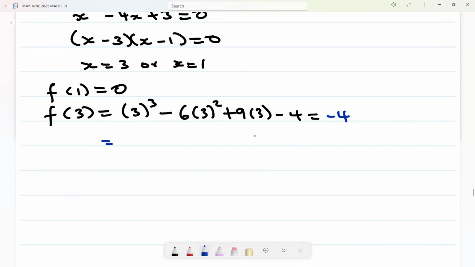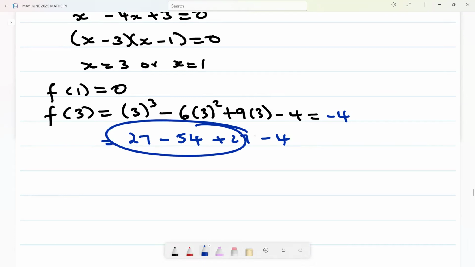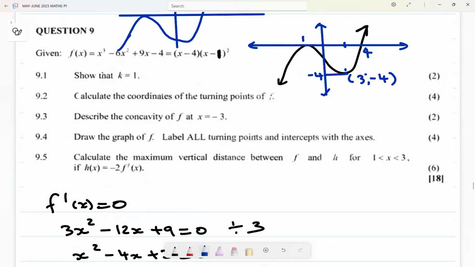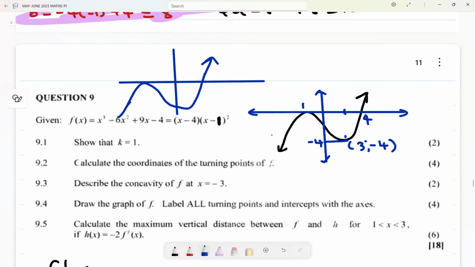Let me do this manually because I don't know. 27 minus 6 times 9, 54, plus 27 minus 4. Okay, it's -4, fine. So I already know the turning point here is supposed to be at 3 and -4. I don't know how I'm going to be able to do that, but it's fine.